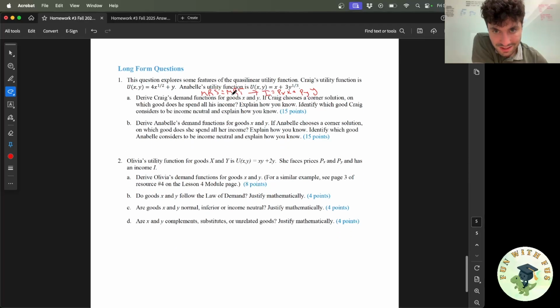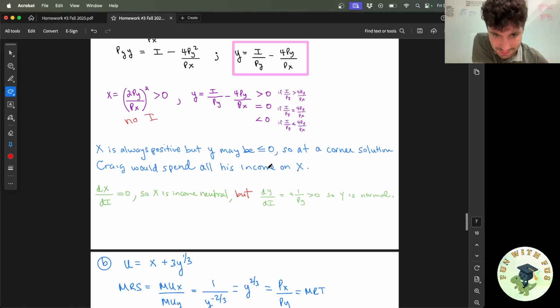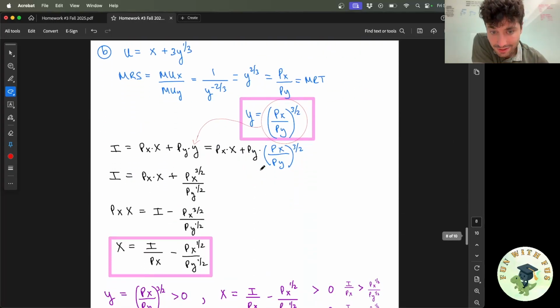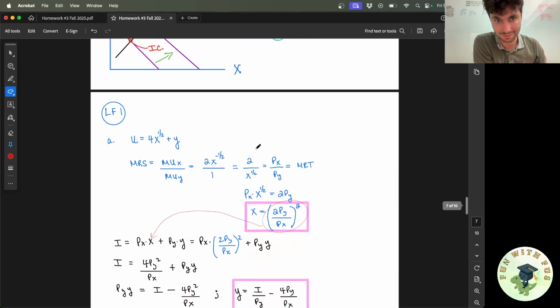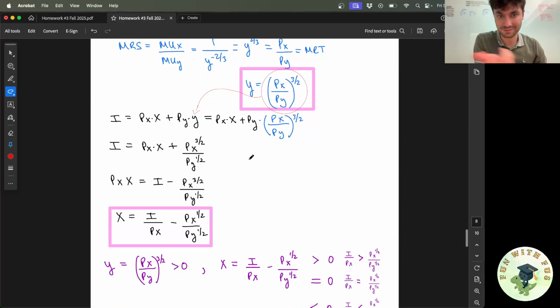Something I noticed is that the difference between Craig and Annabelle is that they literally just swapped the coefficients. All the stuff is happening on x here, and then all this stuff is happening on y. So I'll give you a sneak peek: this is basically the exact same as what we just covered on part A, just reversed.